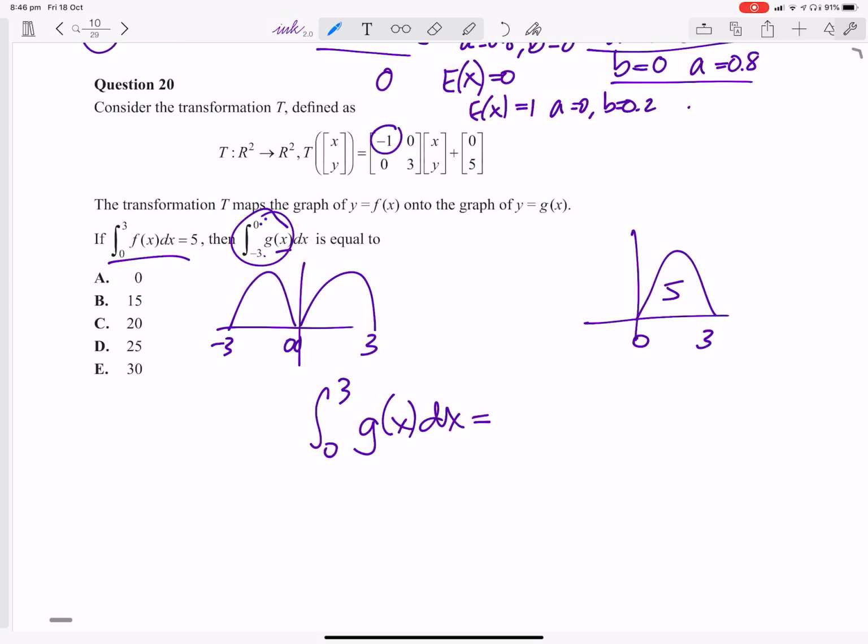That would equal 5, because they're the same. It's dilated by 3, so that's 3 times the integral from 0 to 3 of g of x dx, which is 3 times 5, which is 15.